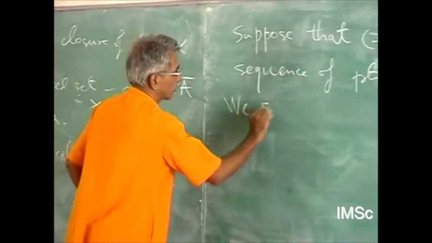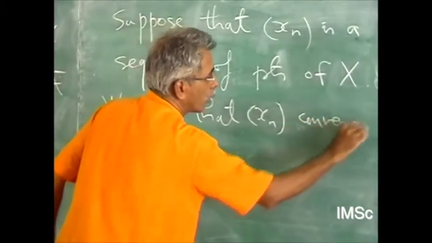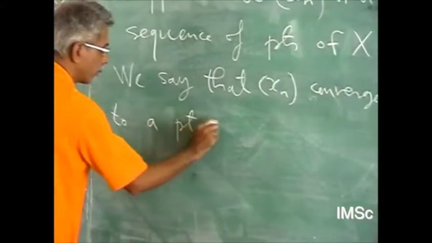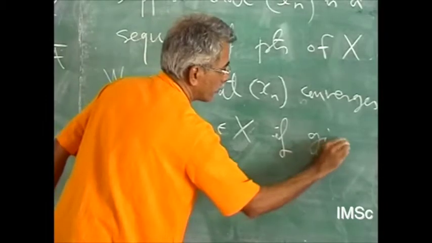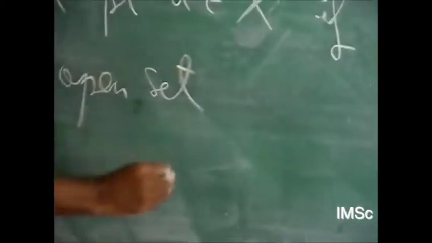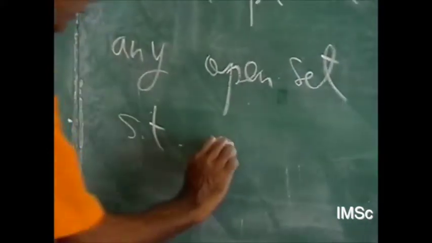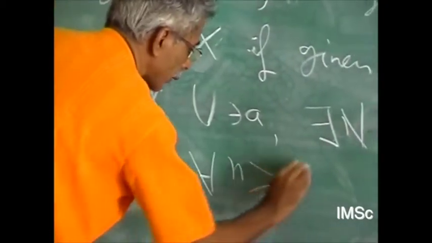We say that Xn converges to a point A in X if, given any neighborhood, any open set U containing A, there exists a capital N such that Xn belongs to U for all n bigger than or equal to capital N.